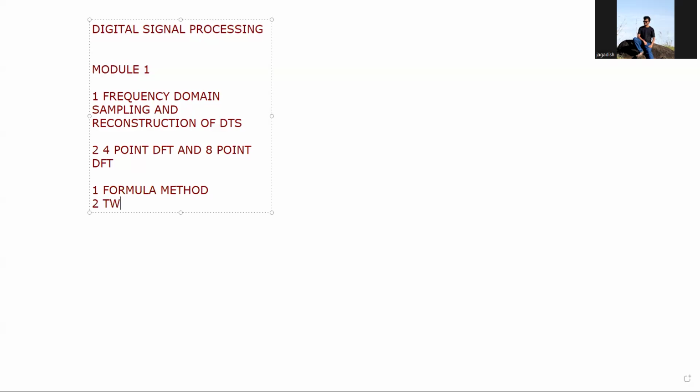Two, you can learn with the twiddle factor method and the box method. These are the types you can learn for the 4-point DFT and 8-point DFT.